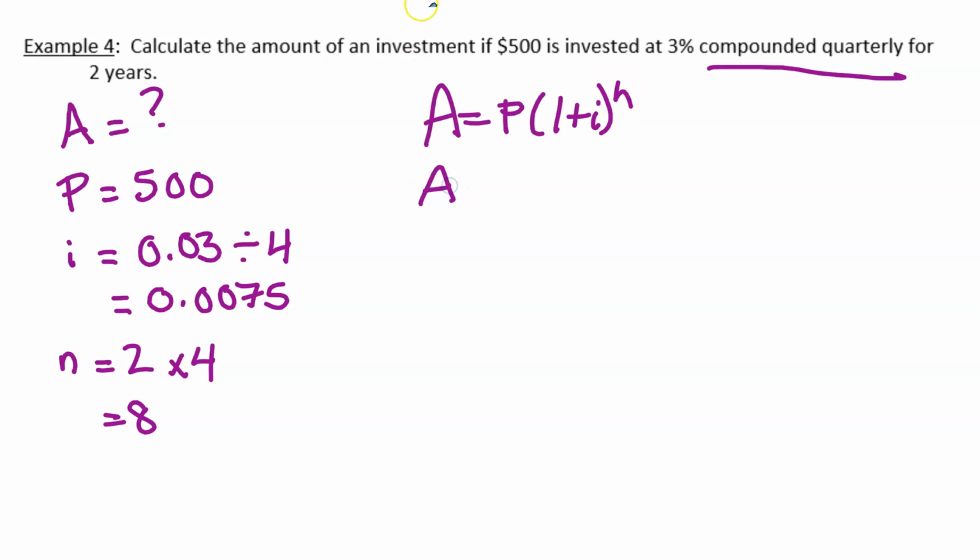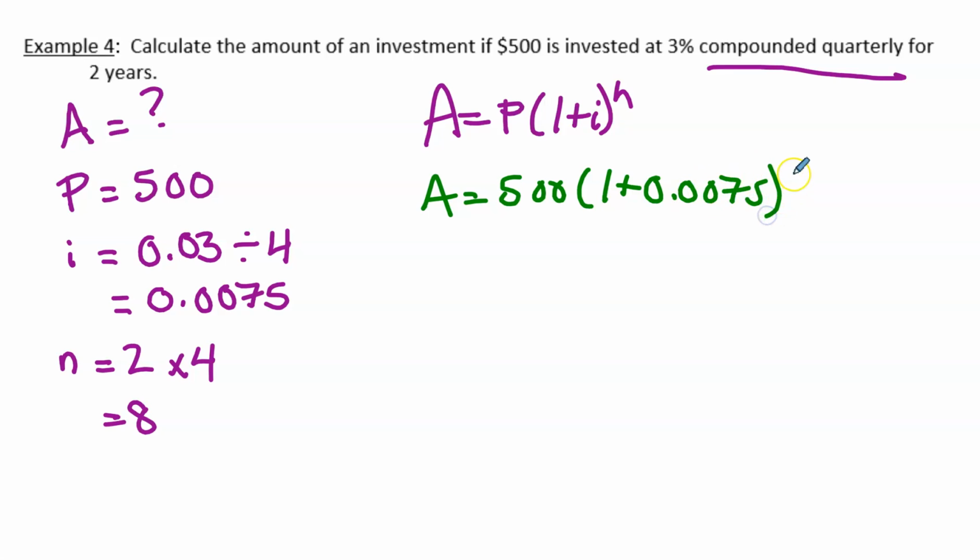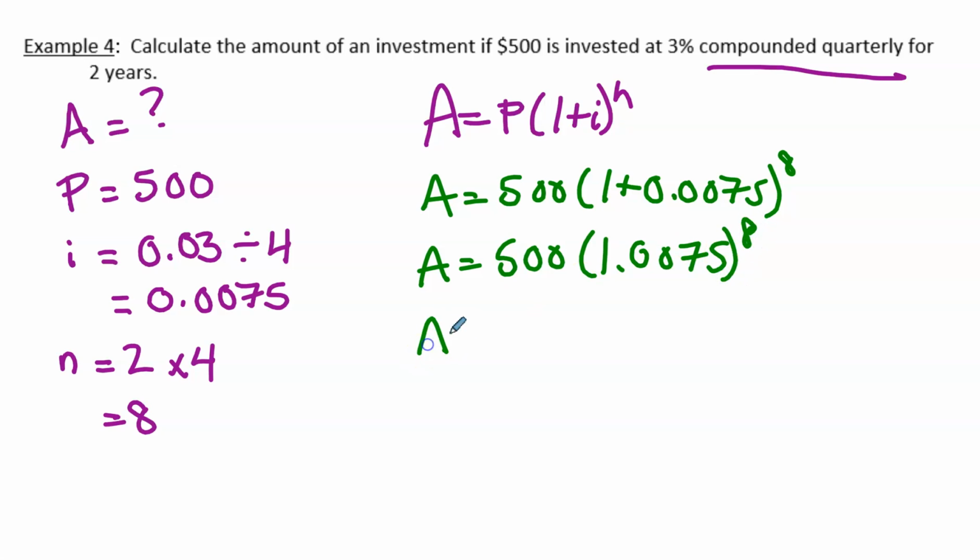Plug in what we know. Oh, I changed colors last time, I think. 1 plus 0.0075 to the power of 8. Again, we do what's in the brackets first. Okay, so 1.0075. Then we do our exponent.